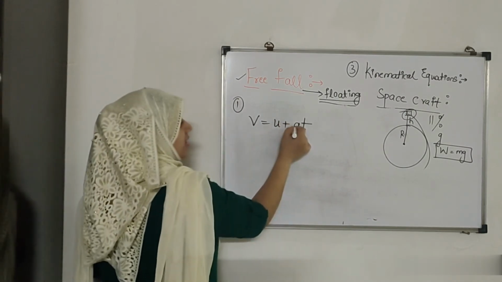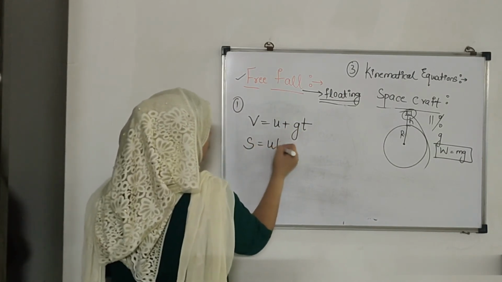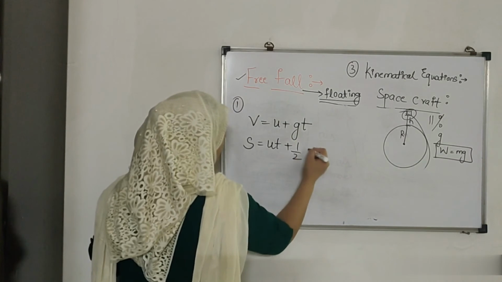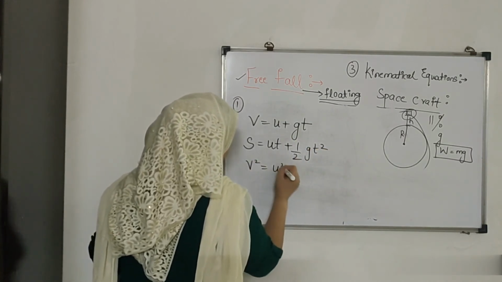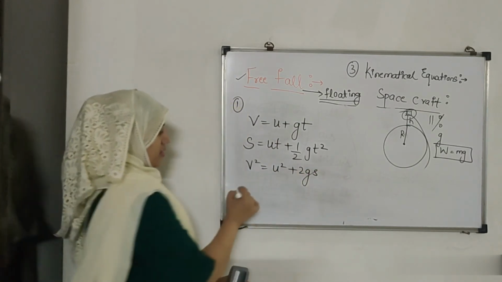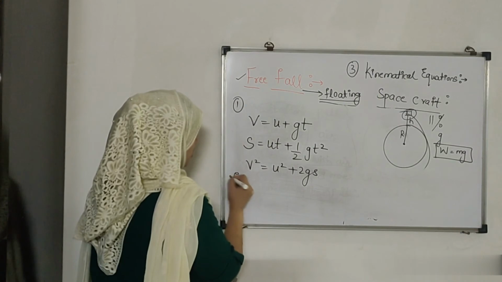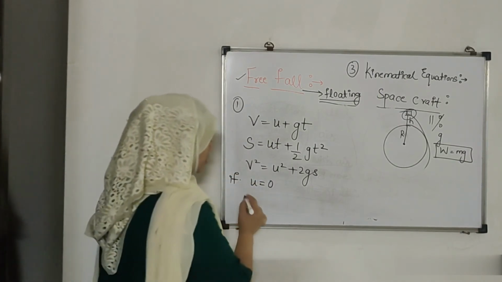Okay? This acceleration I am taking due to gravity. Then s is equal to ut plus half of gt square, and v square is equal to u square plus 2gs. Okay?